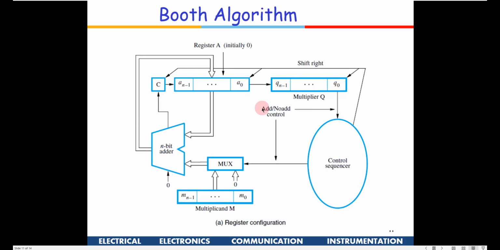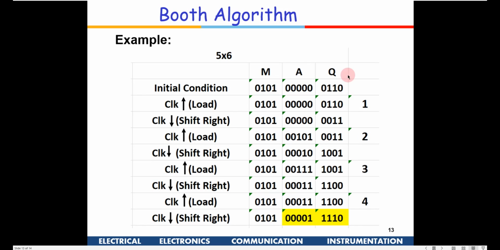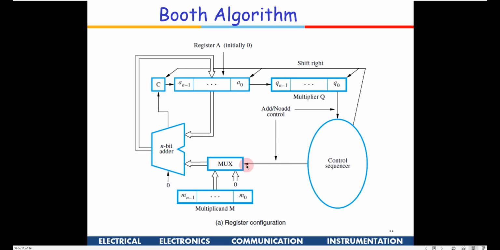This is 0 here. So first, during the positive edge, if you see here, this is 1. If this is 1, what will happen? If it is 1 here, the output of the adder will be, this is 0, and since it is 1 out here, the multiplicand will be added.